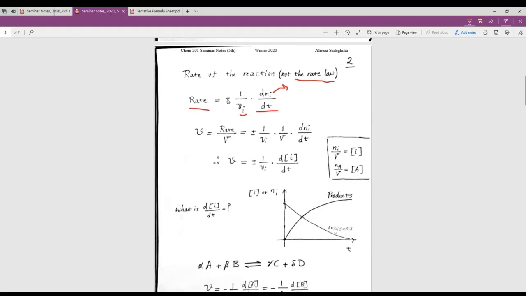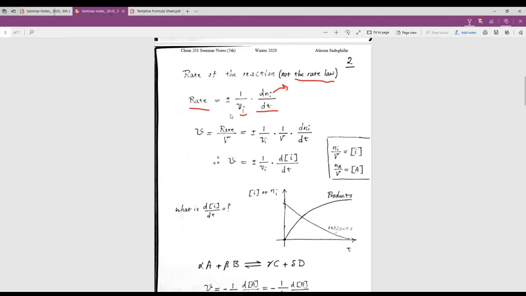Anyway, what is the plus for, or the minus? If a species i is among the products in the reaction, then we use the positive sign. If a species i is among the reactants, then we use the negative sign. So it is important: always positive for products, negative for reactants.